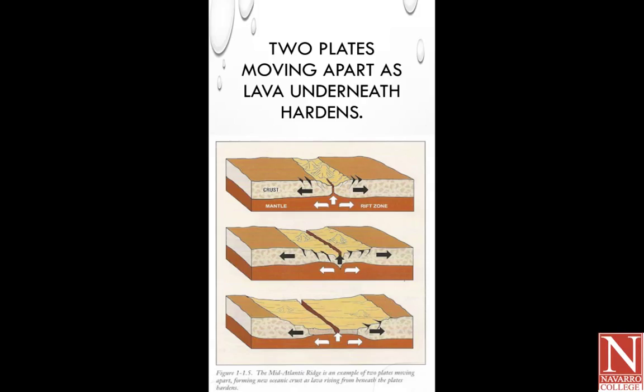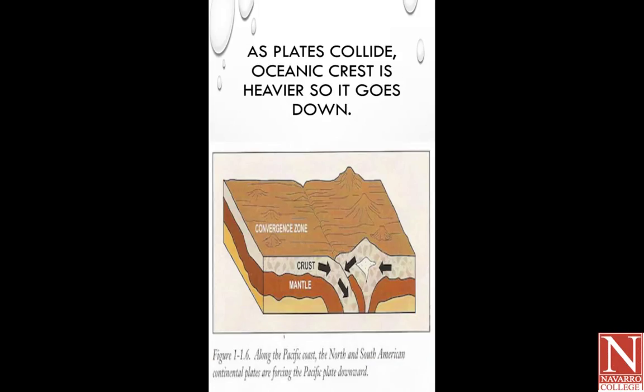And also, as the plates collide, oceanic crust is heavier, so it goes down in this picture. And when these plates collide, they also cause earthquakes and several things like that. You'll find that, I think that picture is on page 14.